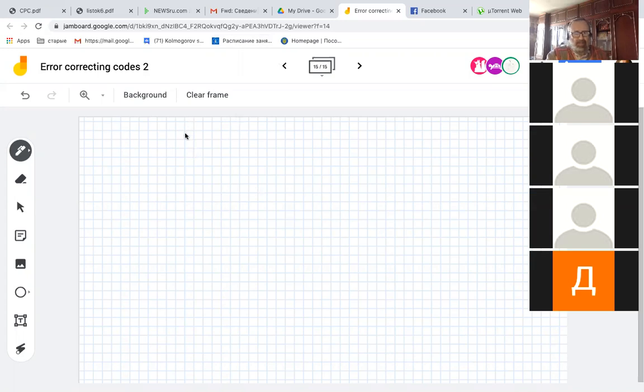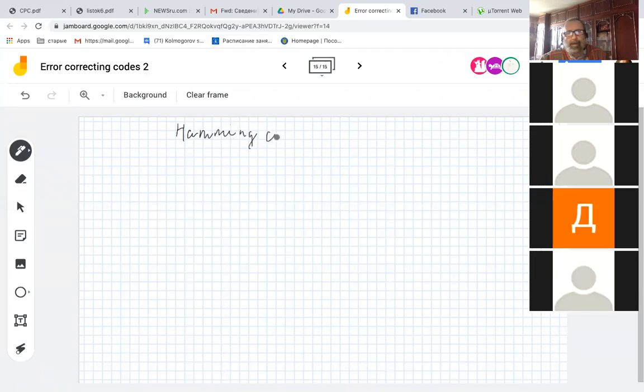Okay, let's start the lecture. In the last class, we considered two explicit codes, namely the Hamming code, which is the binary code with the following parameters.